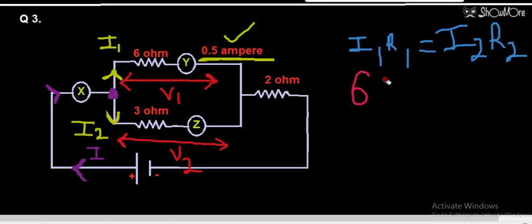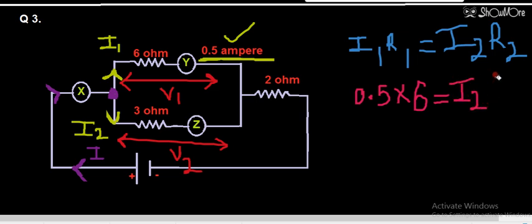We know I1 is equal to 0.5, into the value of R1, that is 6. So 0.5 into 6 is equal to I2, which we have to find, into R2, and R2 is equal to 3.